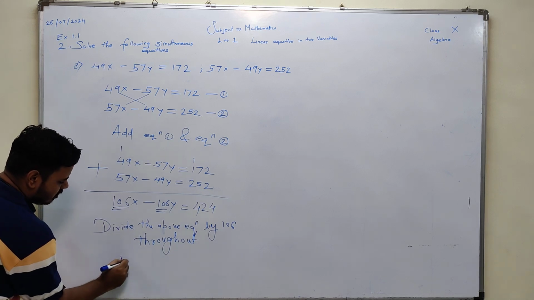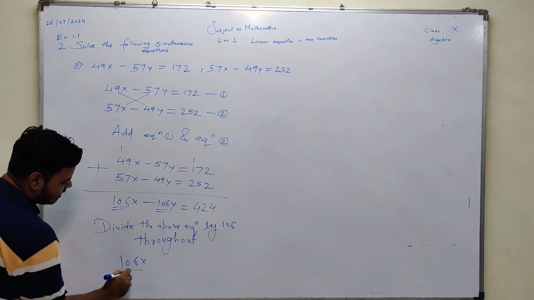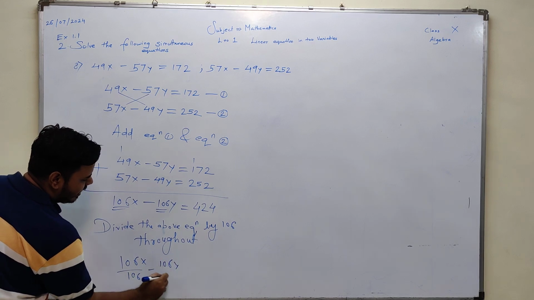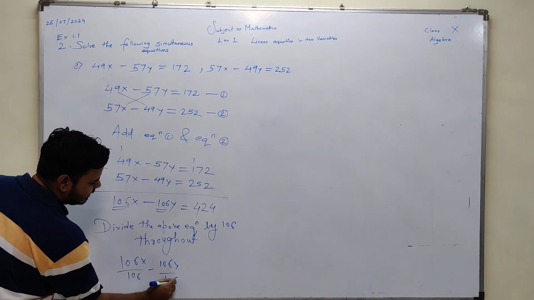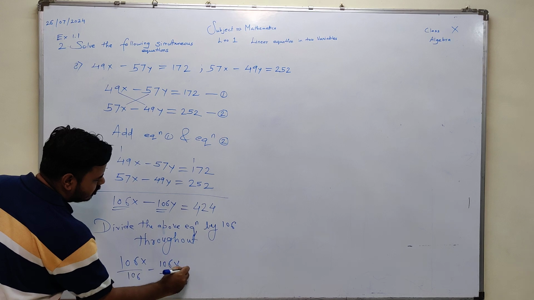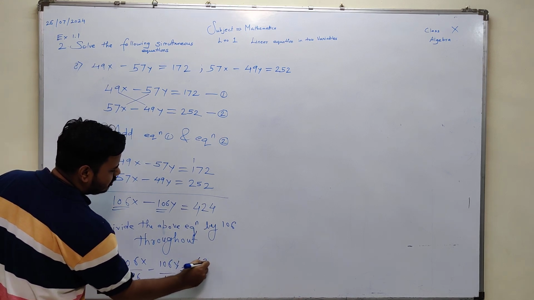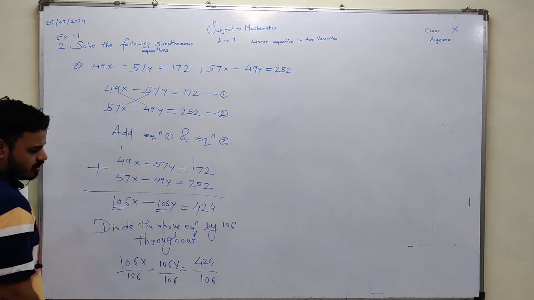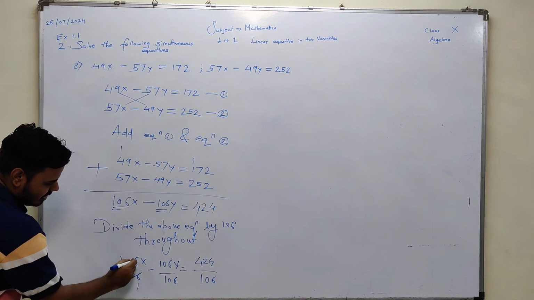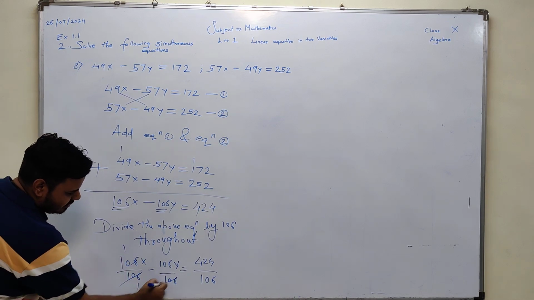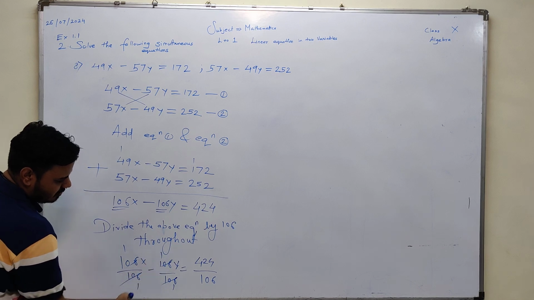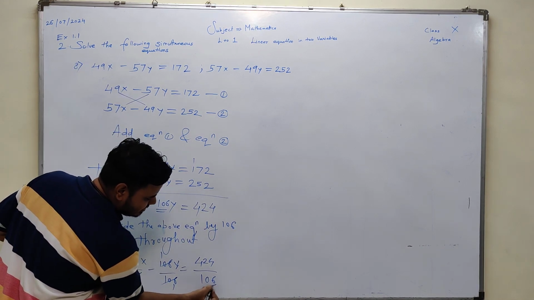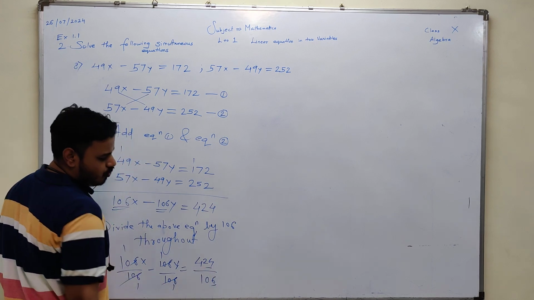So we will get 106x divided by 106 minus 106y divided by 106 is equal to 424 divided by 106. So 106 ones are 106, this will be cancelled. Here you can see 6, here you can see 24.